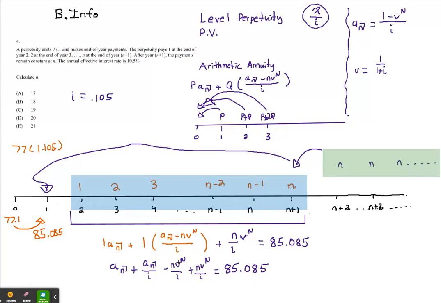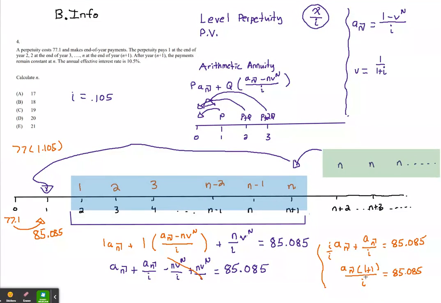So we can say that this cancels out, and now I'm left with a angle n plus a angle n over i equals 85.085. Okay, so I'm going to make it i over i. So then I get a angle n times (1 plus i) upon i equals 85.085.